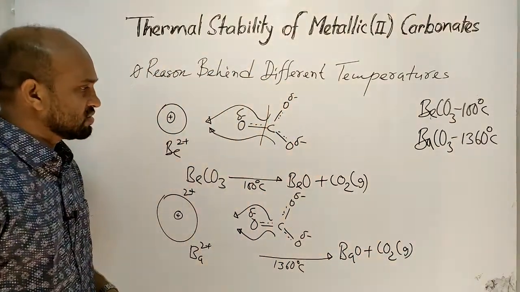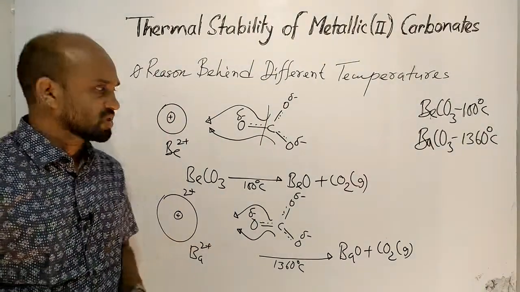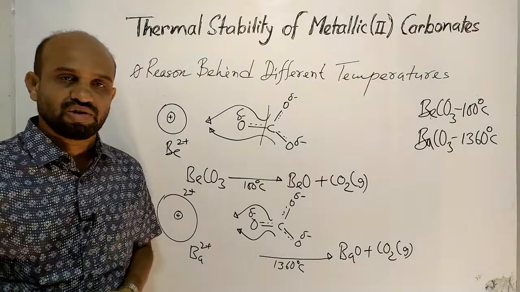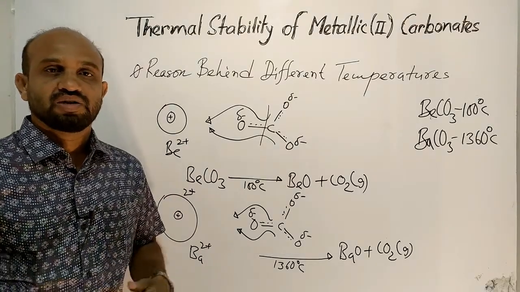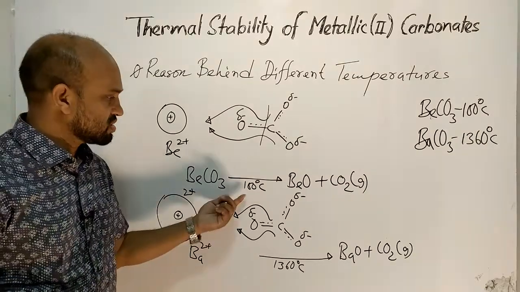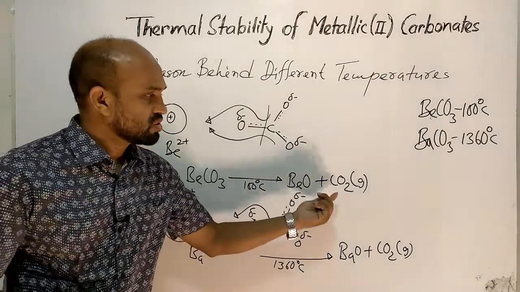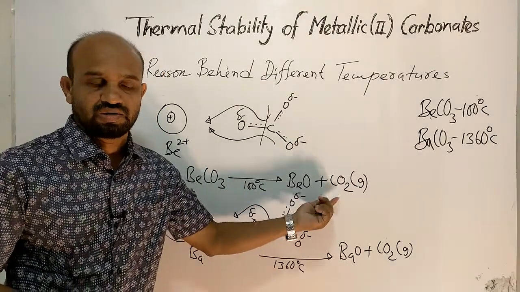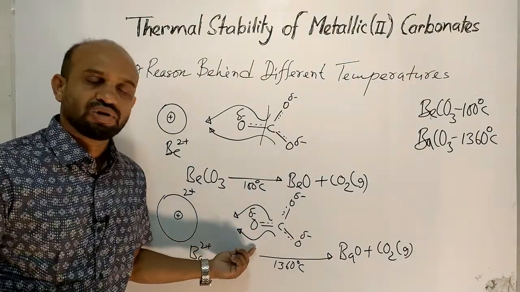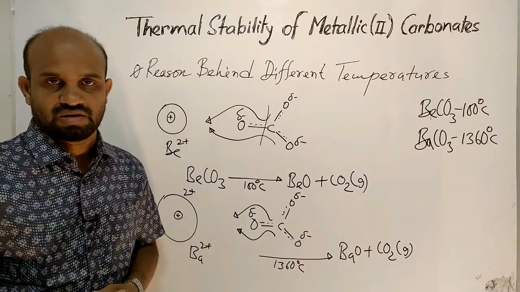So this is the reason of different temperatures. That means in beryllium carbonate, carbonate ion is polarized on a large scale. That is why in this case low temperature is required to free carbon dioxide. But in case of barium, carbonate ion is polarized on a limited scale.